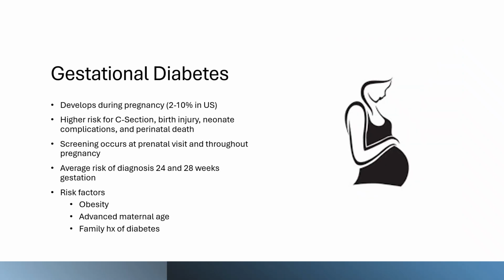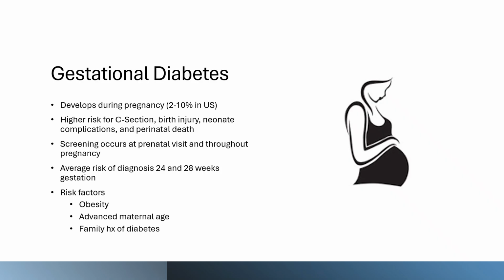So gestational diabetes develops during pregnancy in about 2 to 10% of people in the United States. These pregnant mommies are at a higher risk for C-section, some type of birth injuries, perinatal death. That's why we do a screening. The screening usually is around 24 to 28 weeks during the pregnancy.